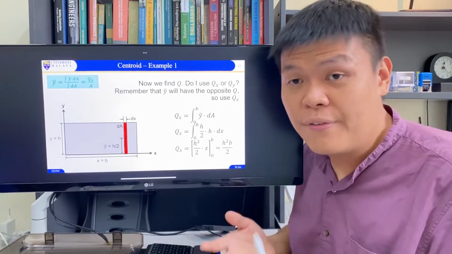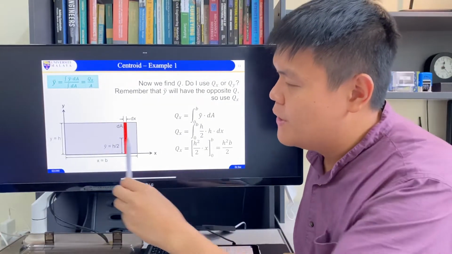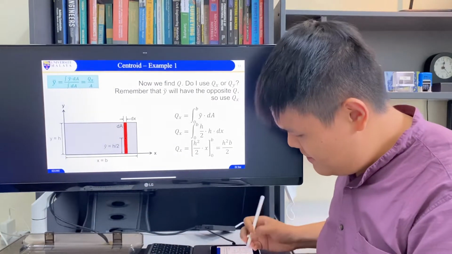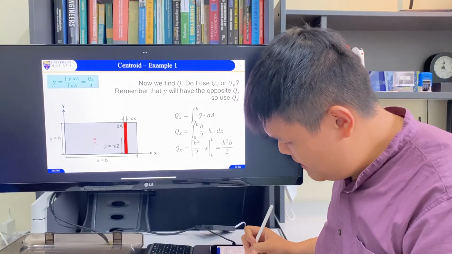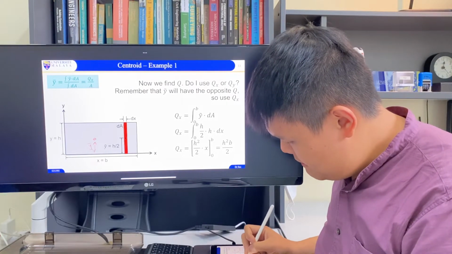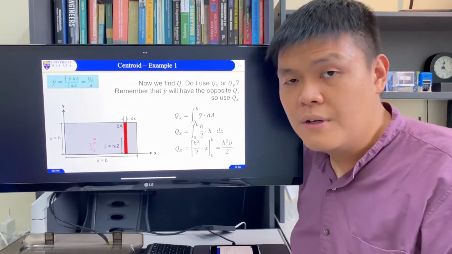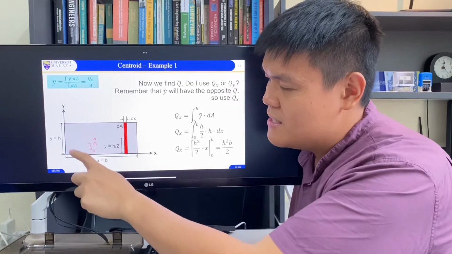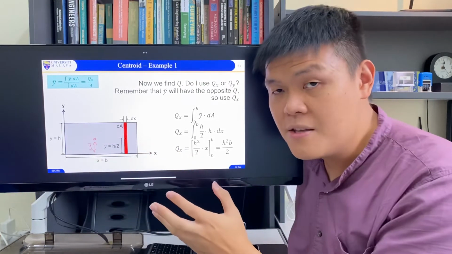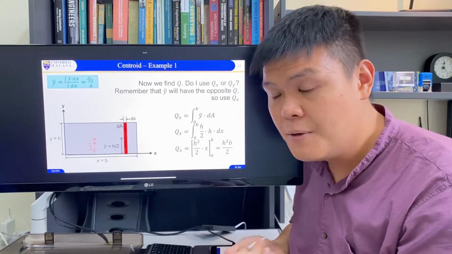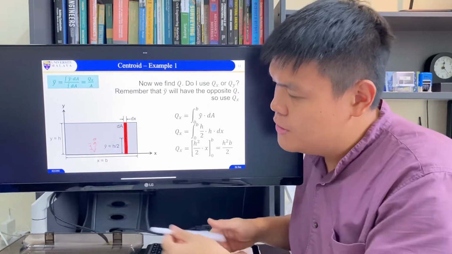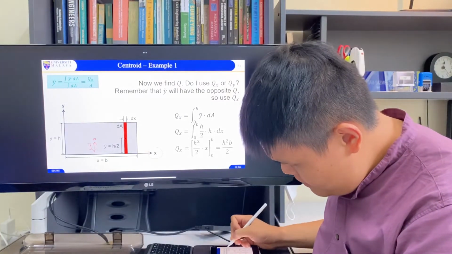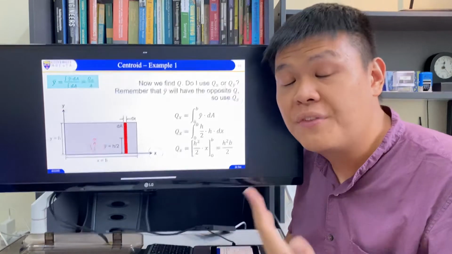Or another way of thinking about it is that you want to find the centroid in this direction, and it is about how this area relates to an axis. Which axis? This goes to the x-axis. So x-axis means we need to use Qx. So that's the way of thinking about it.